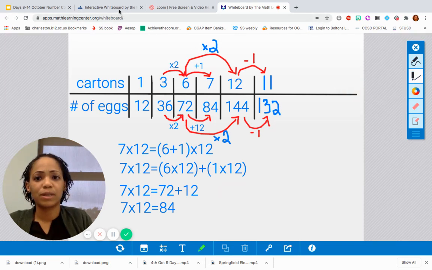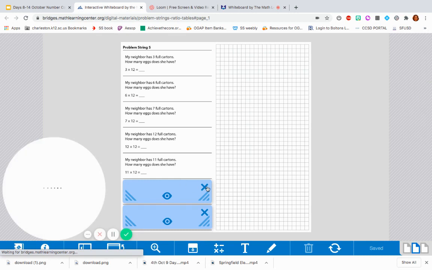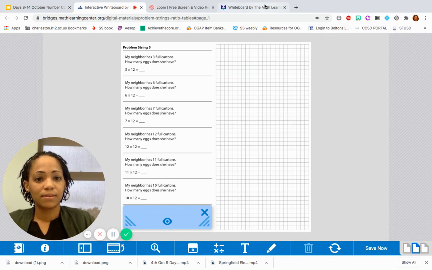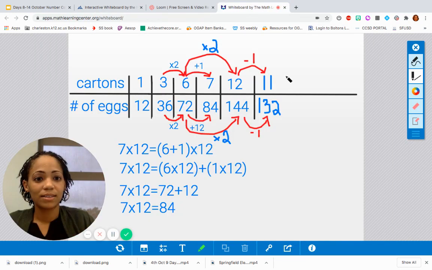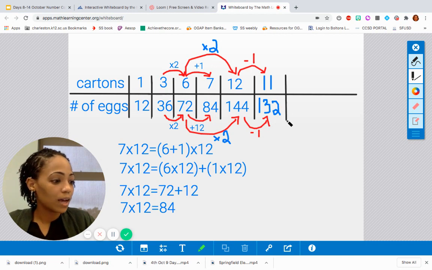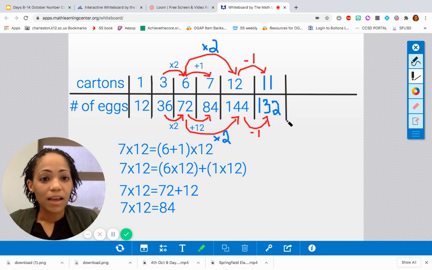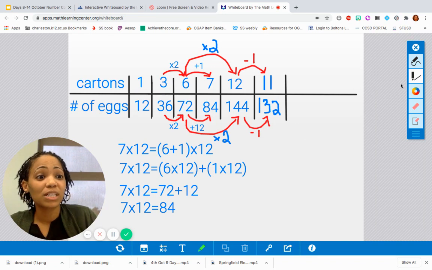All right. Well, I think there's another problem. So let's see what it is. 10 full cartons. Yeah. Now we have 10 full cartons. Now I know you guys know your 10s. It's okay when you know your 10s because those are things that we've been drilling inside of you.